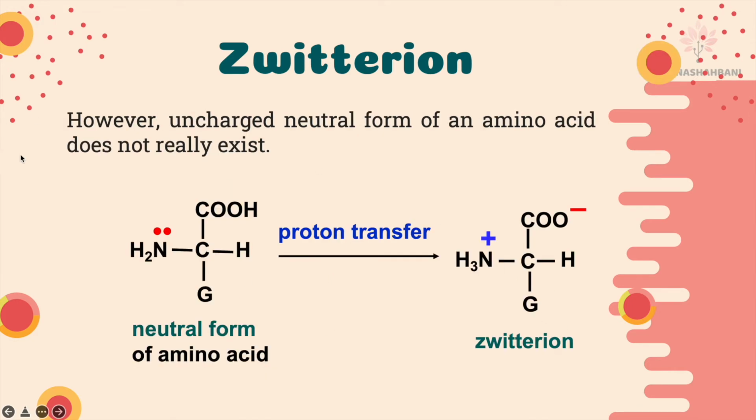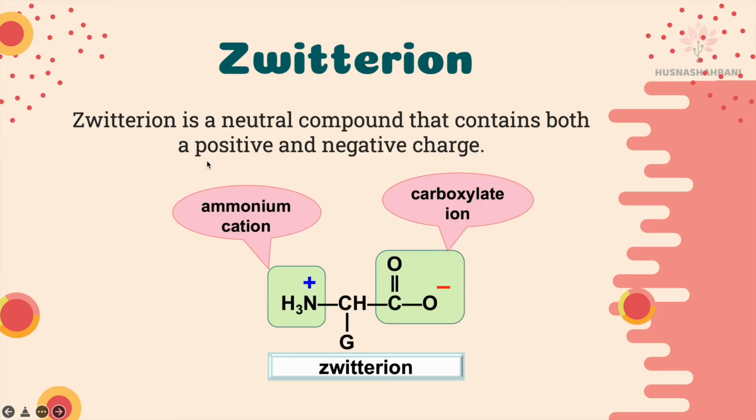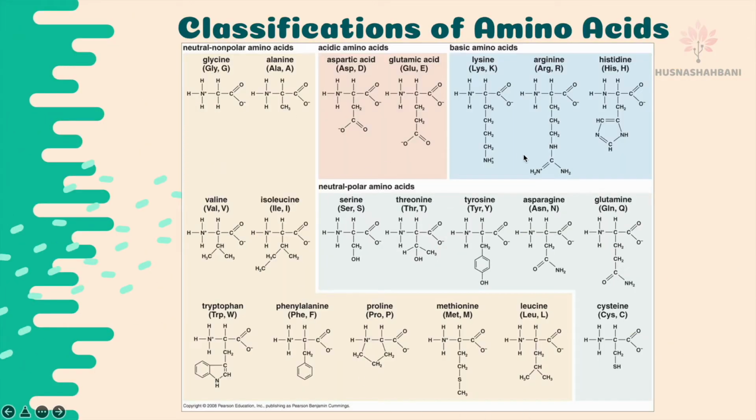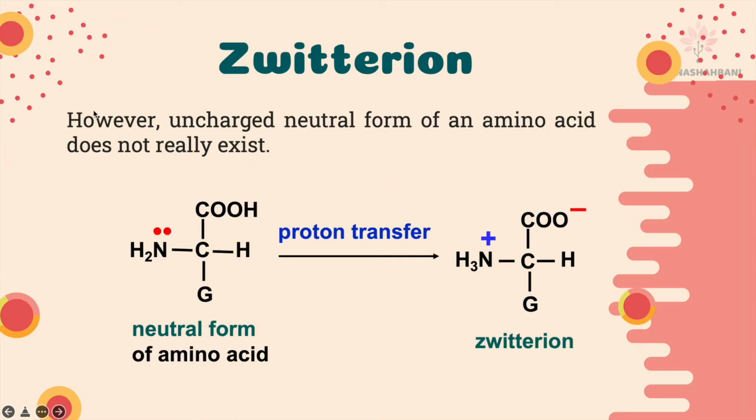However, the uncharged neutral form of an amino acid does not really exist. That's why, from this table, you can see there's no such thing as NH2 and COOH. It is the carboxylate ion and ammonium cation here, because the uncharged amino acid does not really exist, since proton transfer occurs.